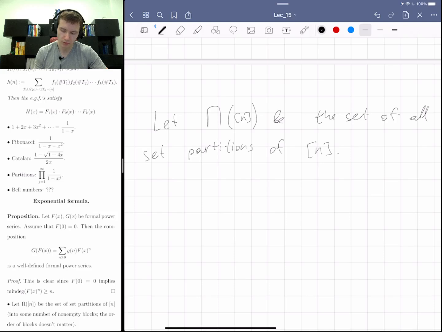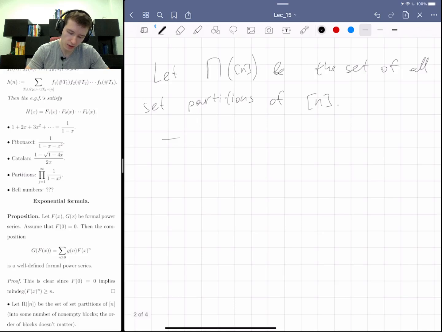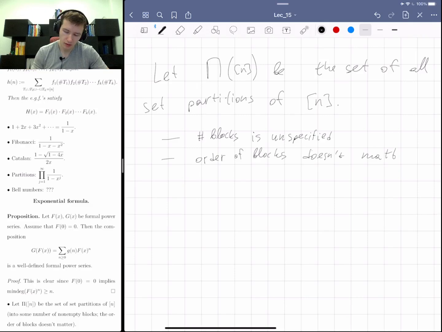If you don't quite remember the details, first of all, the number of blocks is unspecified, and so is the order of blocks. It doesn't matter. And also all blocks are non-empty.